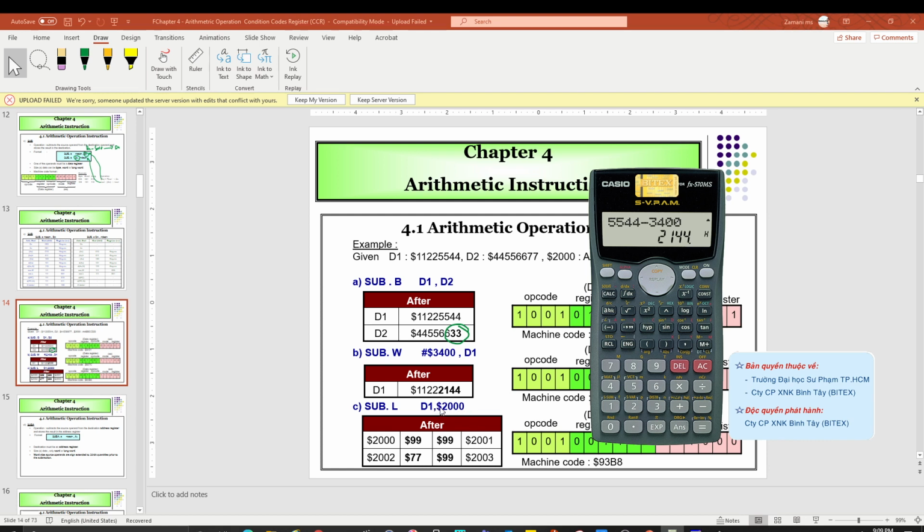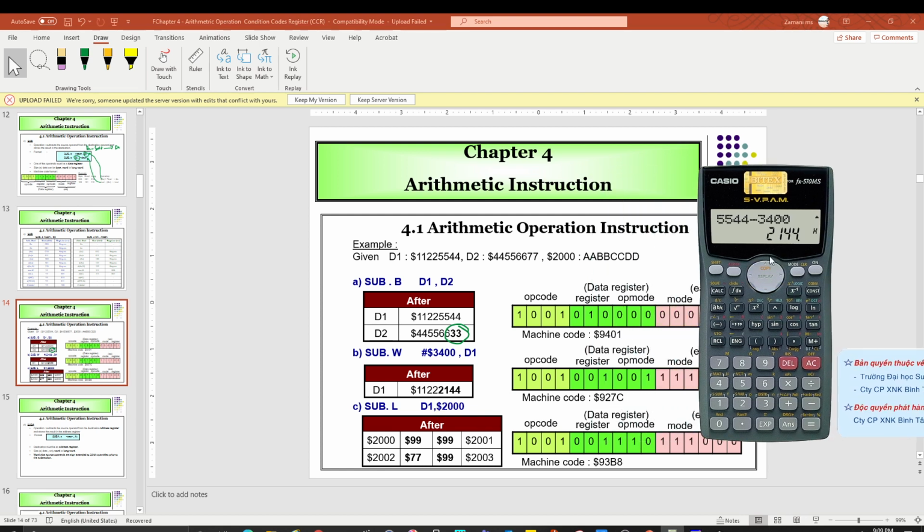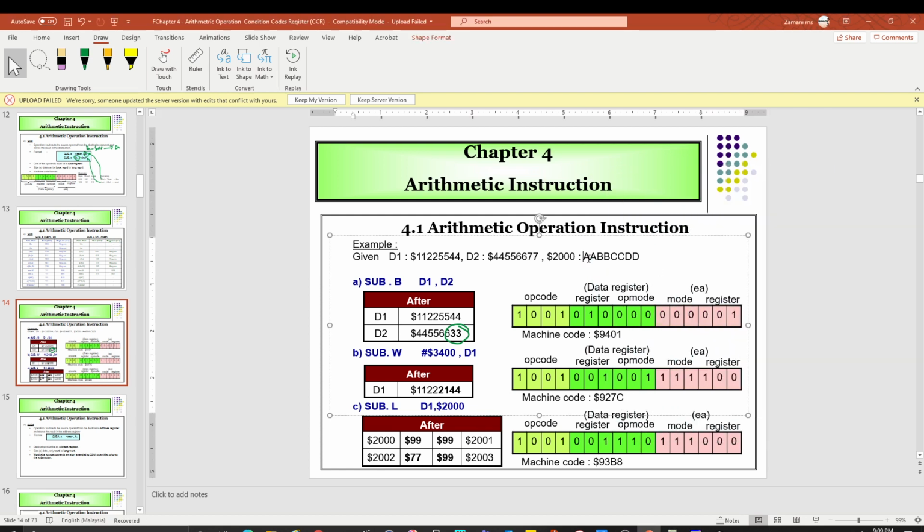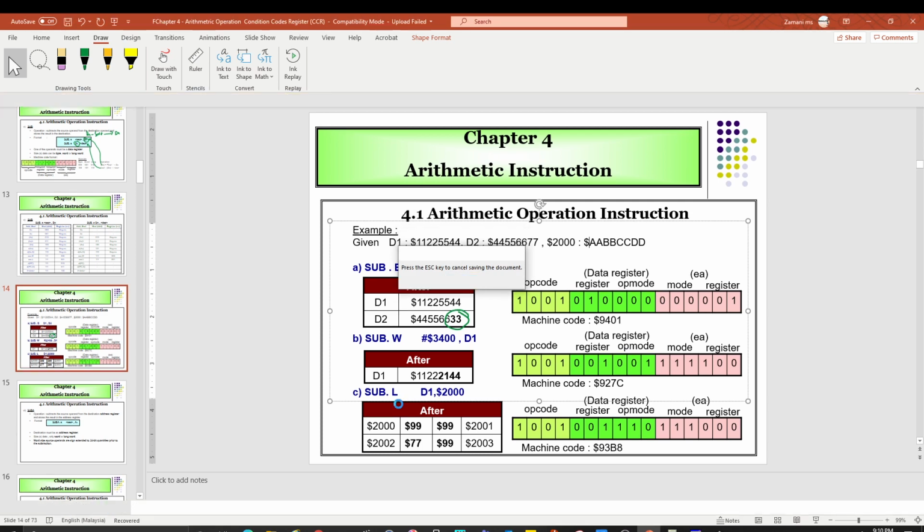I keep on repeating this: the $ sign only means that you are referring to the memory location. So you can look at the value over here. This one also should be a $ sign. Save this one, and then from here you can just subtract the contents from 2000 in long word size.